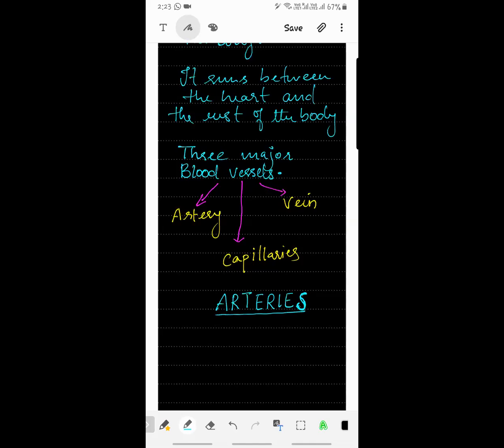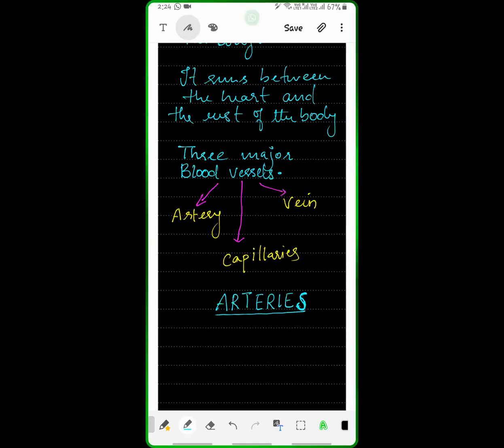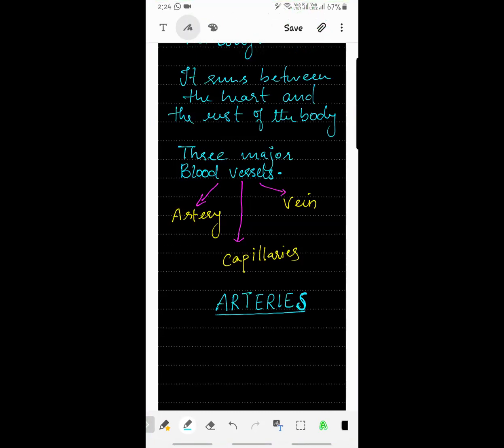From the heart comes the aorta, the largest blood vessel. From that, many arteries divide and re-divide again and again into many fine branches, and they spread throughout the body.